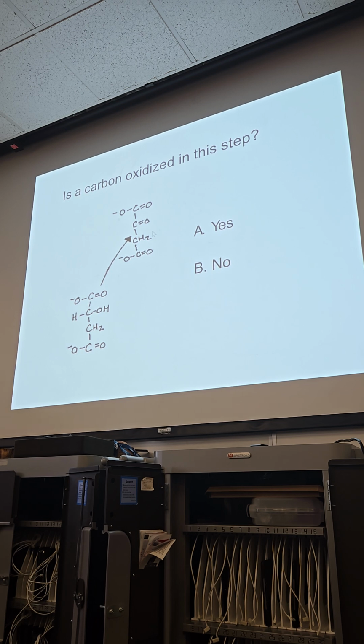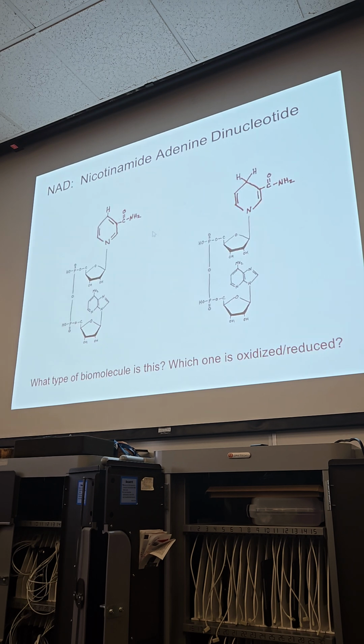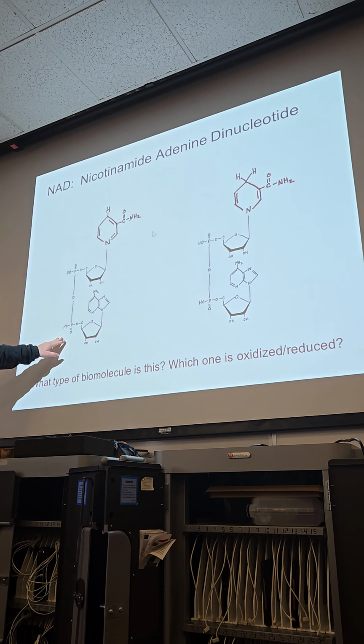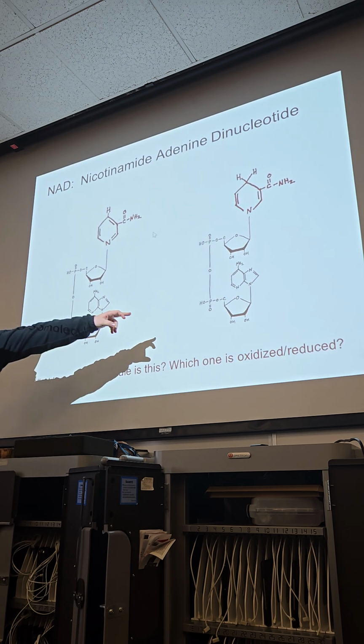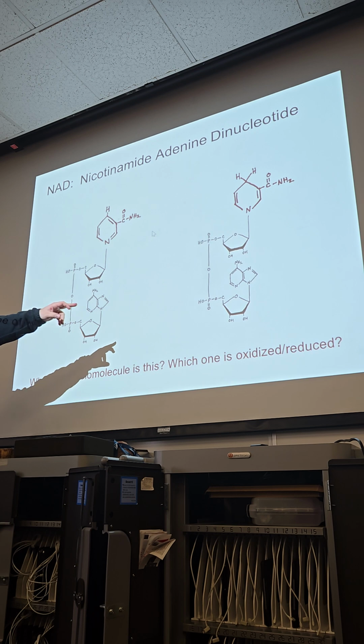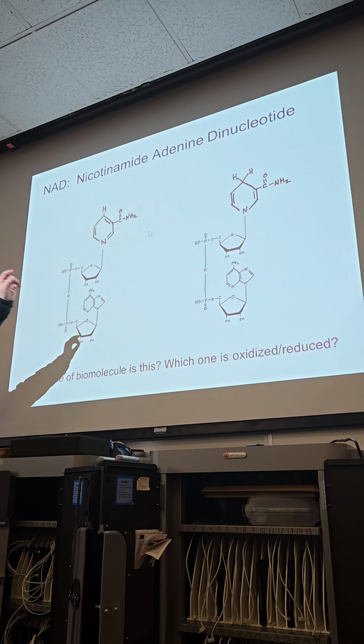Look at the diagram real closely. There's a C double bond O. Yeah. But then in the second diagram, it has a CHOH instead of C double O. But it's going from down up. It's taking it away. NAD, it's losing electrons. NADHs. Explain later. Okay?